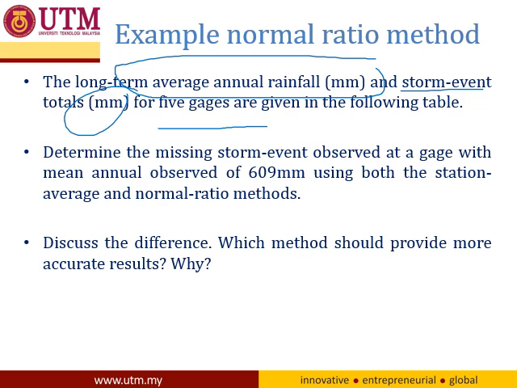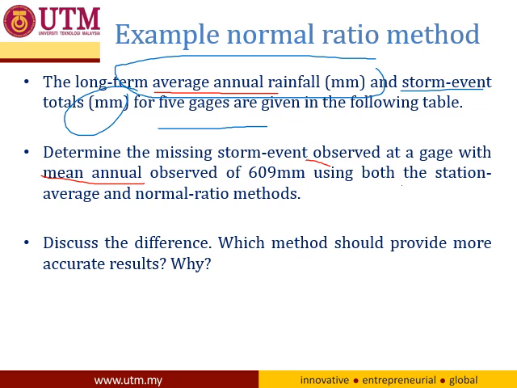For 5 gauges, there are 5 station gauges. Determine the missing storm event observed at a gauge with mean annual observed 609 millimeter. Mean annual is the same as average annual.